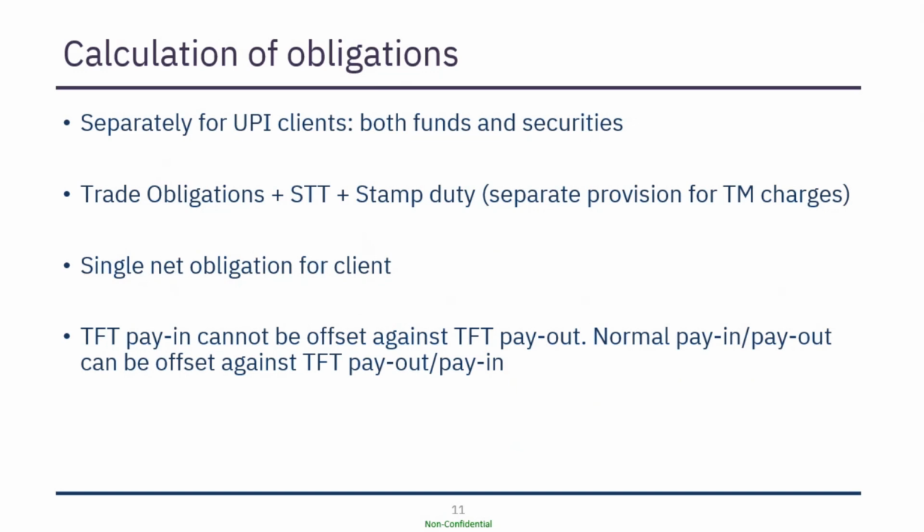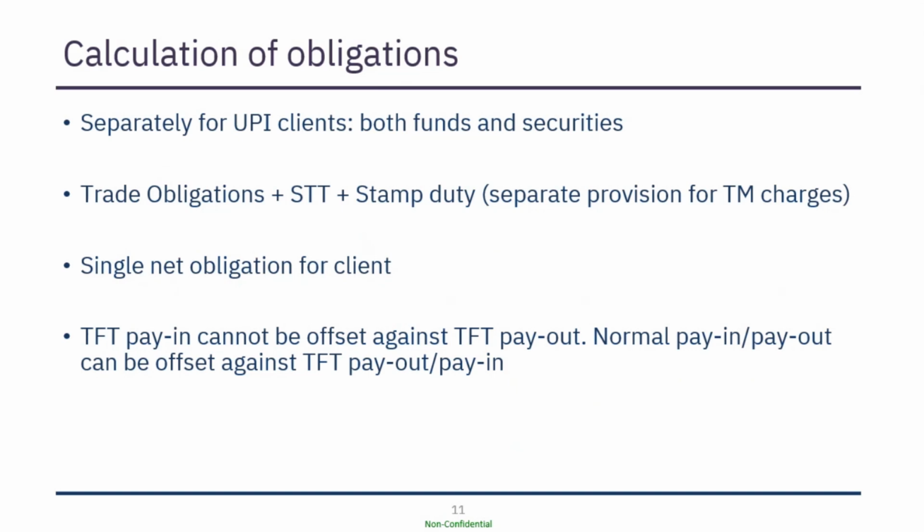If the client has traded in TFT securities, then of course TFT against TFT will not be netted. So if suppose the client has bought some TFT, sold some TFT, and bought or sold some normal securities also, trade for trade pay-in will not be offset against trade for trade payout, but normal pay-in can be offset against trade for trade payout, and conversely normal payout can be offset against trade for trade pay-in.